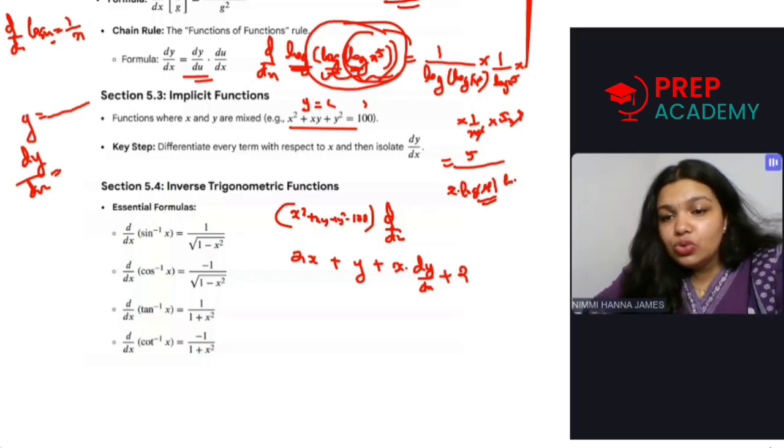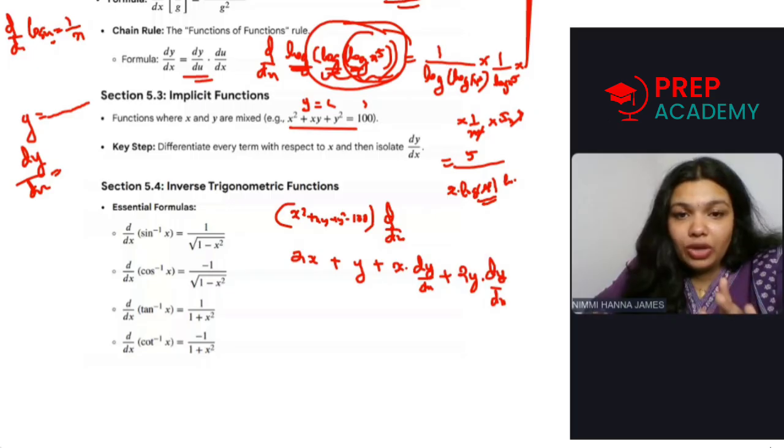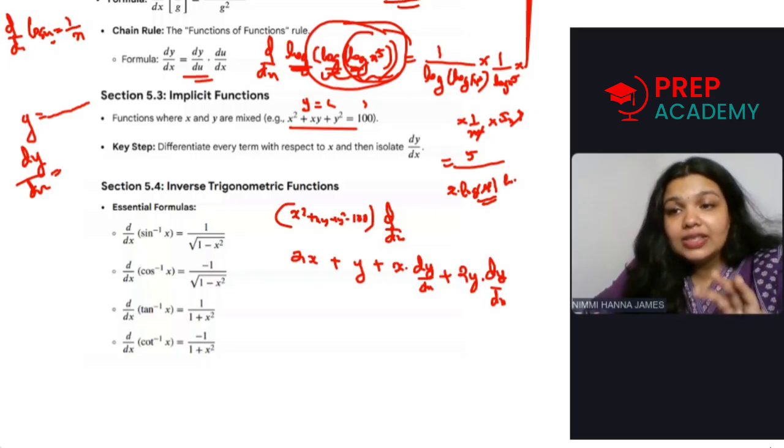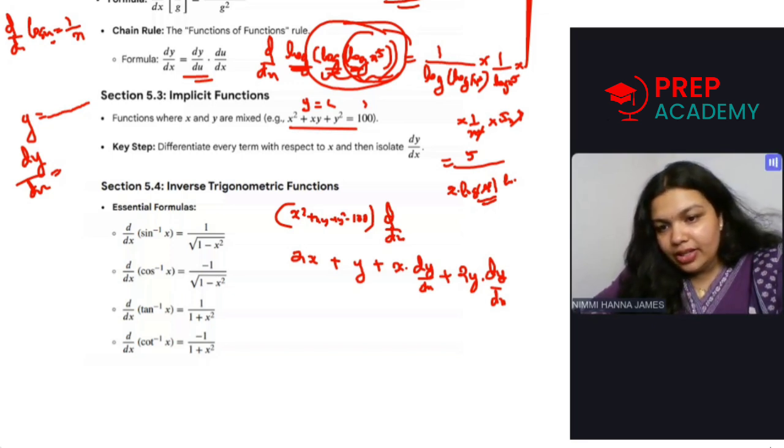For y square it is 2y into dy by dx. There also we have applied the chain rule. We differentiated the square function, that is 2y, and the differential of y, another function inside, is dy by dx. Then minus 100, and the differential of a constant is 0.